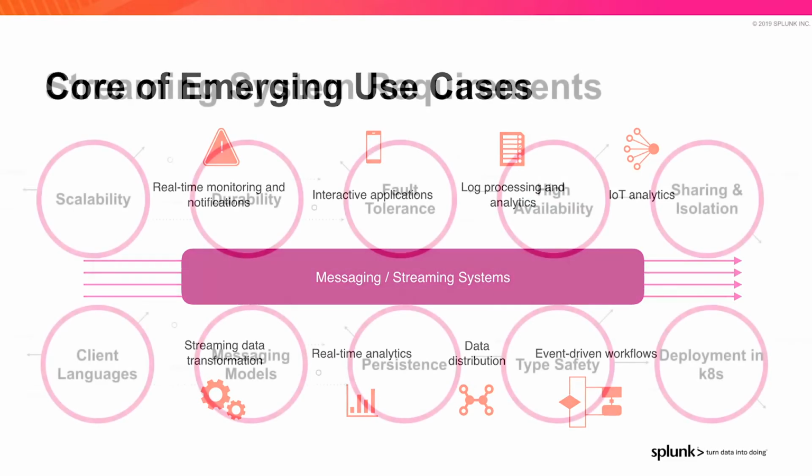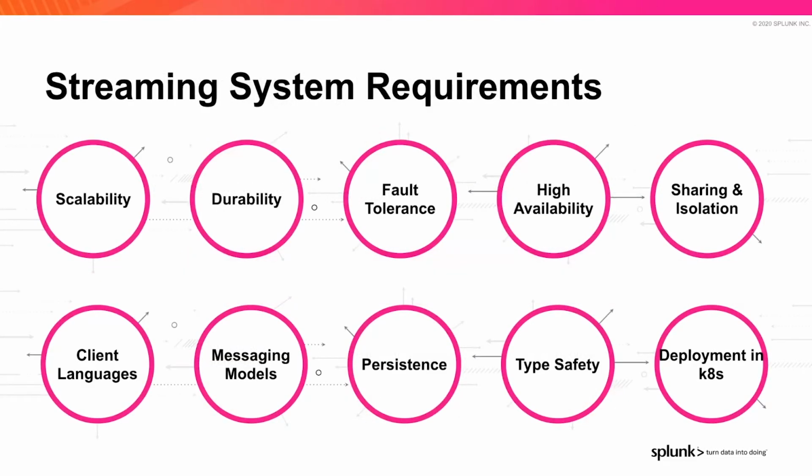So there are several dimensions on which we evaluated a streaming system. They include scalability: how fast we can scale up and how soon we can scale down. Durability: what different types of durability we need based on the application requirements, how fault tolerant the system is, and how available it is. Then, when multiple teams, tenants, and customers are sharing the resources, how to isolate them when needed.